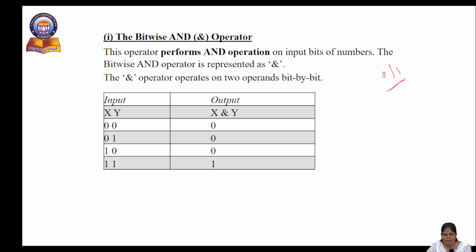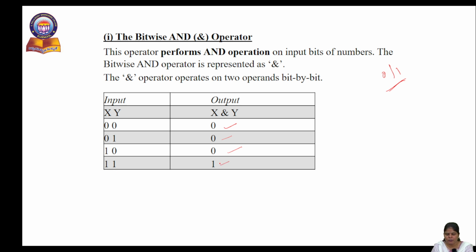So if x is 0 and y is 0, and I perform the AND operation on the bits x and y, then the output will be 0. If x is 0 and y is 1, then x and y is 0. If x is 1 and y is 0, the value will be 0. If x is 1 and y is 1, then x and y is 1.